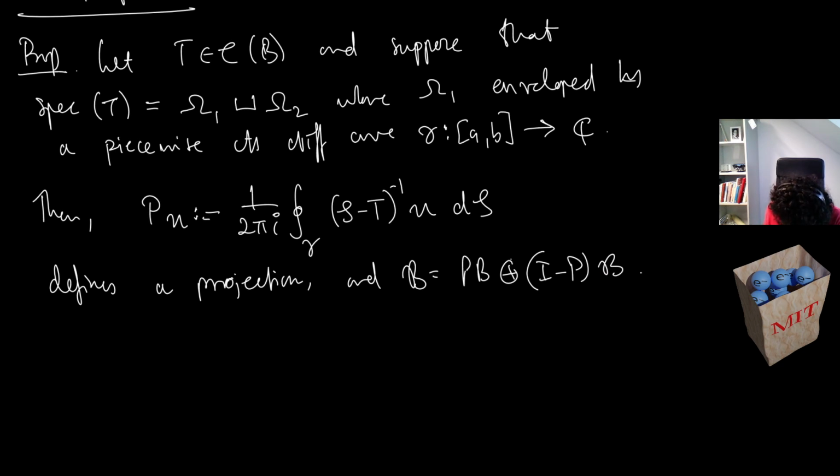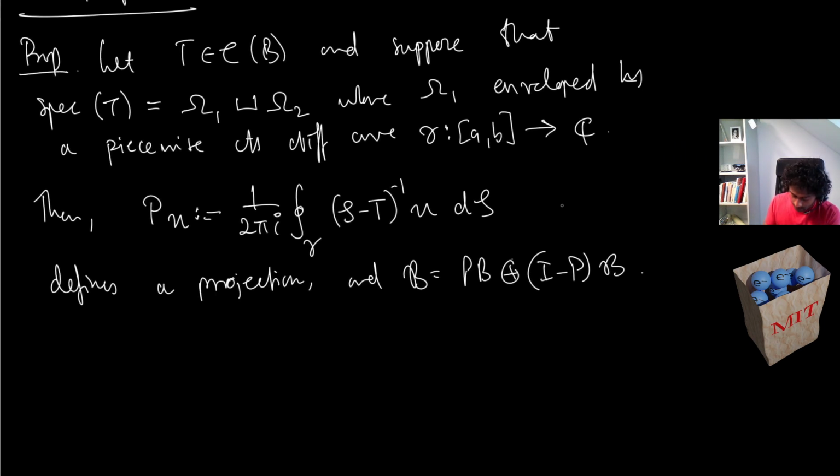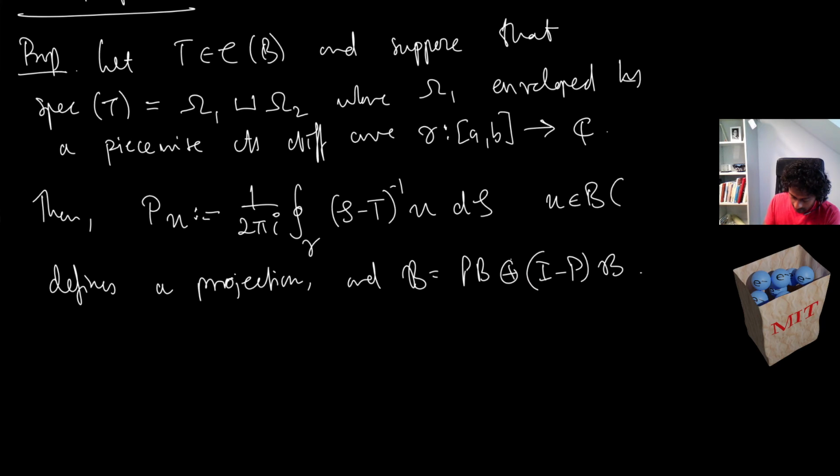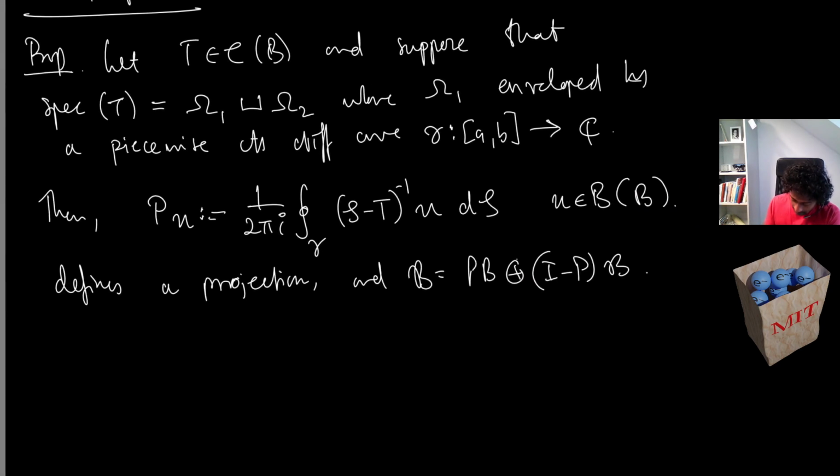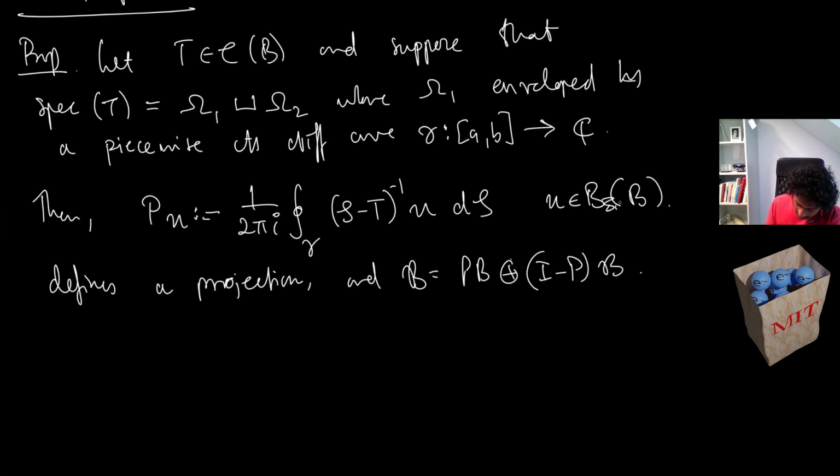No, it's not applied to zeta. This is (zeta minus T) inverse of u, right? And u is an element of the Banach space.